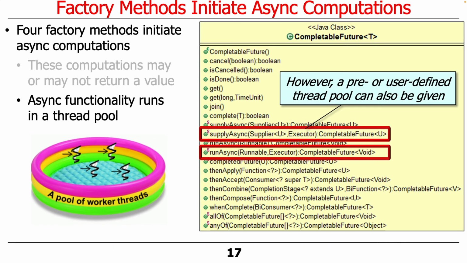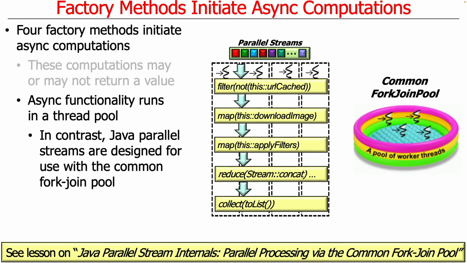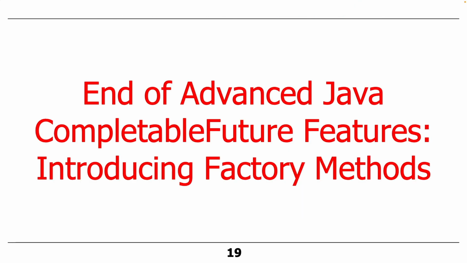And the other ones take an executor, which can decide some other pool, which could be a built-in pool like a cached thread pool or a fixed-size thread pool. It could be a custom thread pool. It could be a different fork join pool that's not the common one, et cetera. And as I mentioned before, Java parallel streams are really designed to use the common fork join pool. There's ways to get around that, but they're not recommended and they're not portable over time.